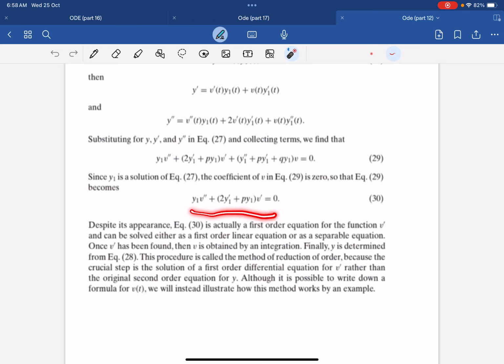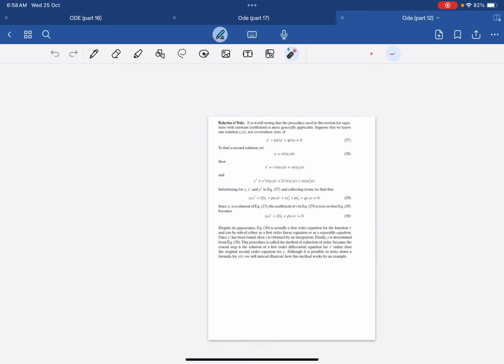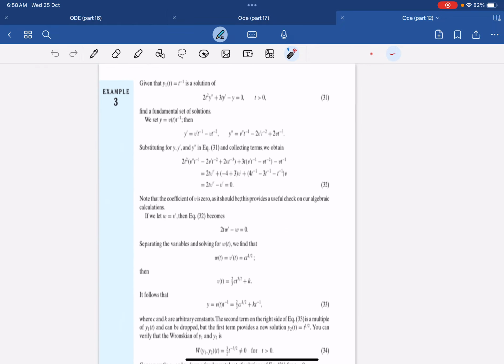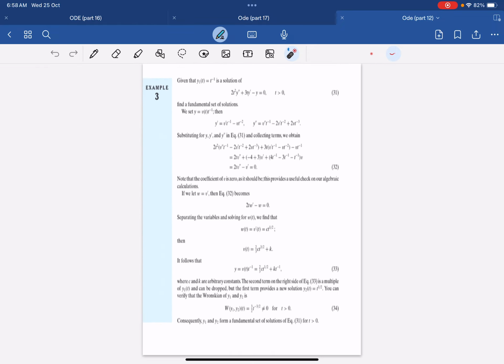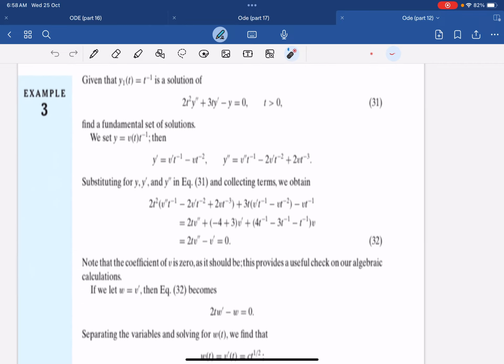And with this reduction of order, despite its appearance being a second order ODE, we can just let u equal v prime. Then this is actually just u prime and this is just u. So this becomes a separable equation and we can easily find the answer to it. We should just give an example and you'll better understand this method of reduction of order.